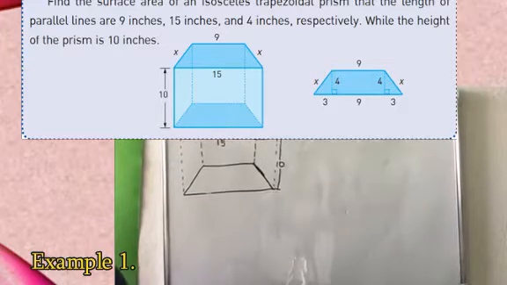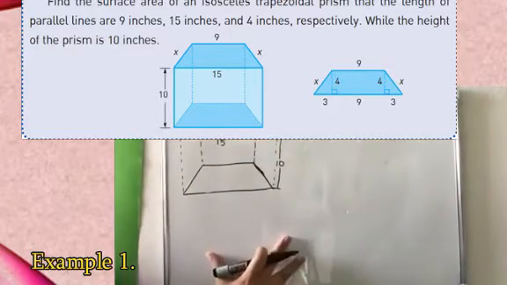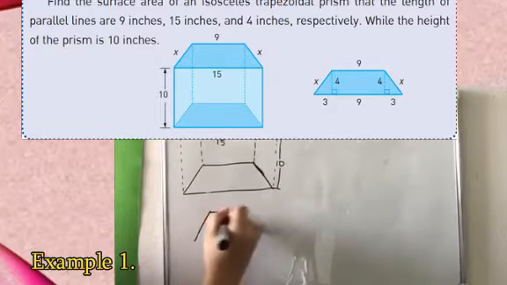So we have a missing side of the trapezoidal prism. For the area of the base, we have a missing side, and that is our x. I will draw it here.